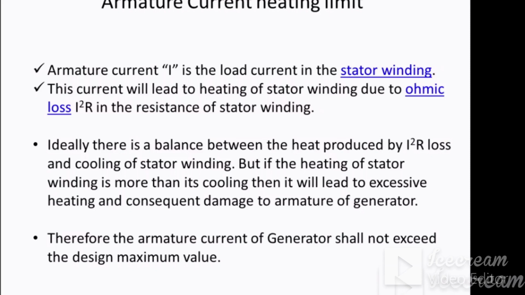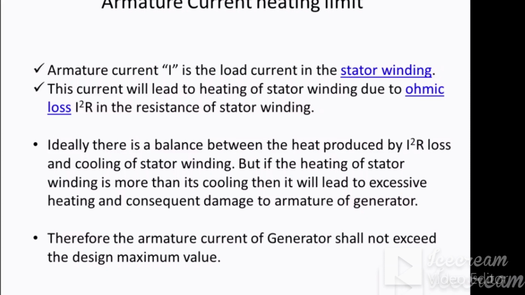But if the heating of the stator winding is more than its cooling, then it will lead to excessive heating and consequent damage to the armature of the generator. Therefore, the armature current of the generator shall not exceed the design maximum value.